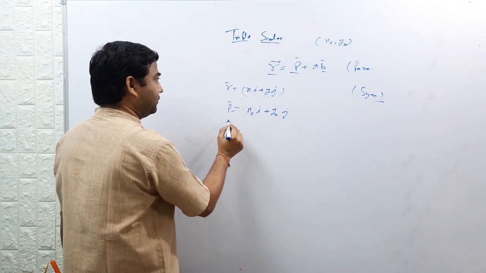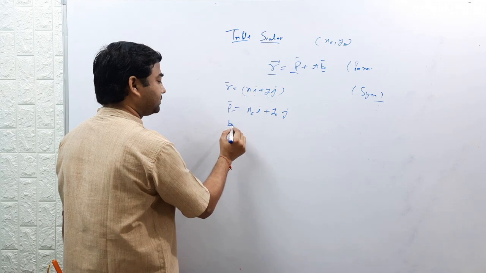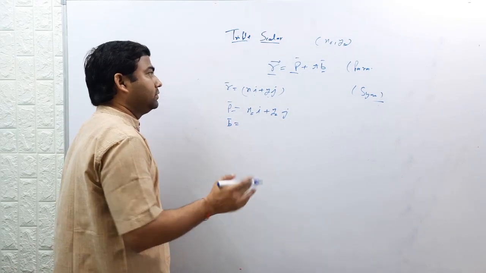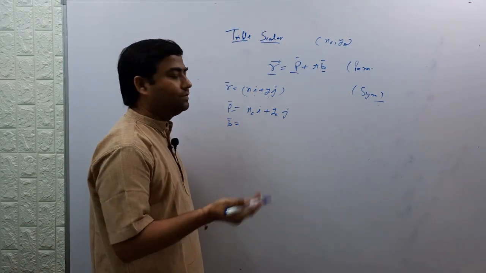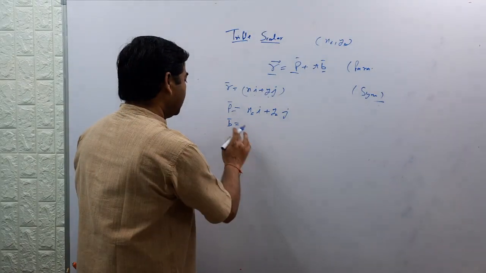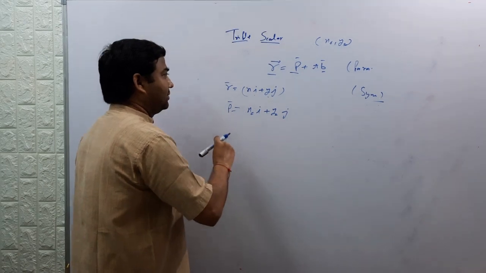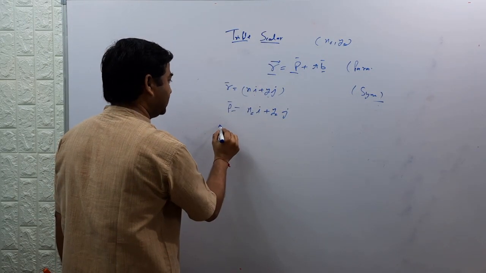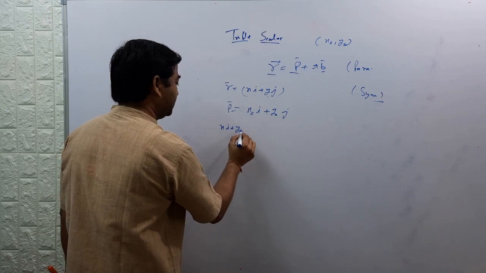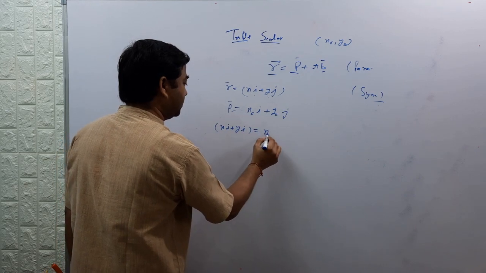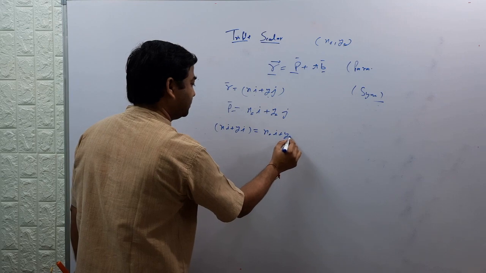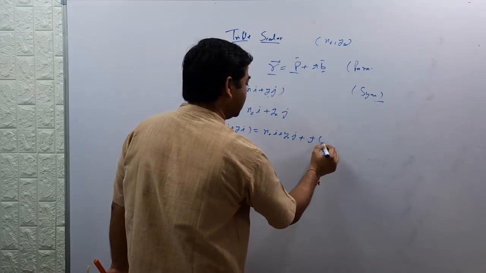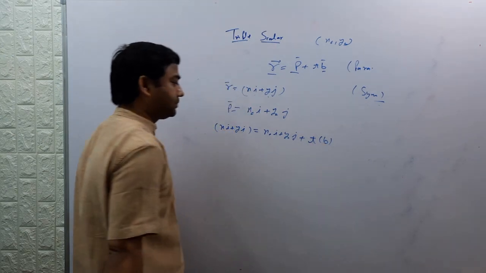And vector B can be any given vector. So just put these values in this equation. xi plus yj is equal to x0i plus y0j plus tb.